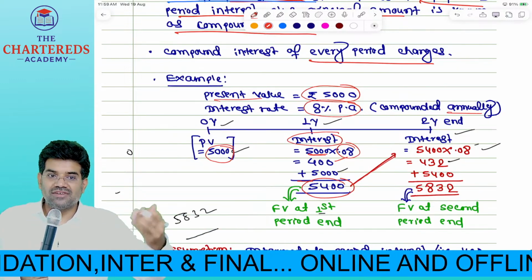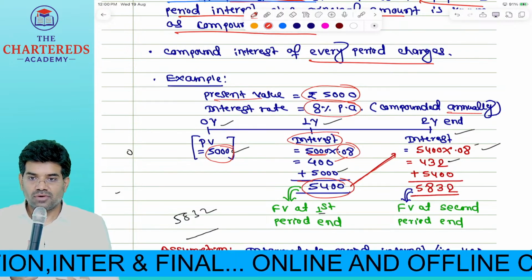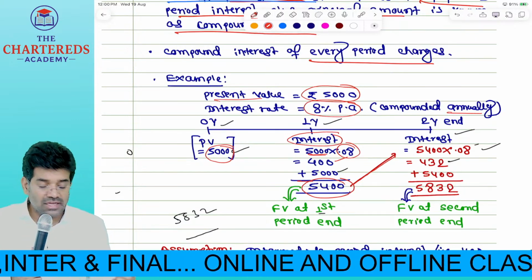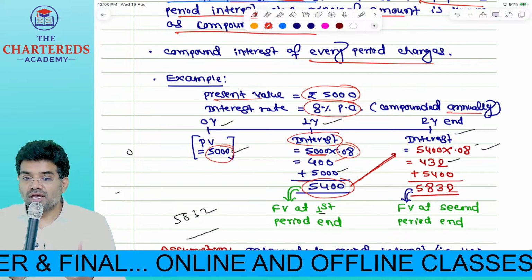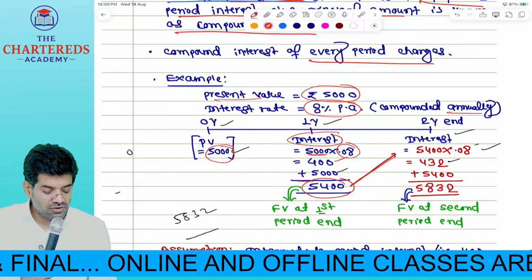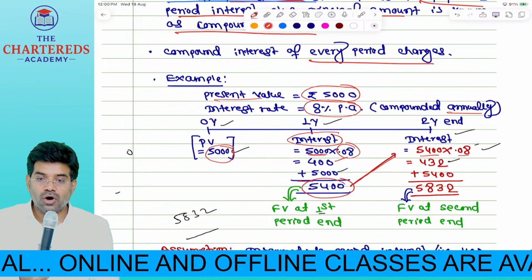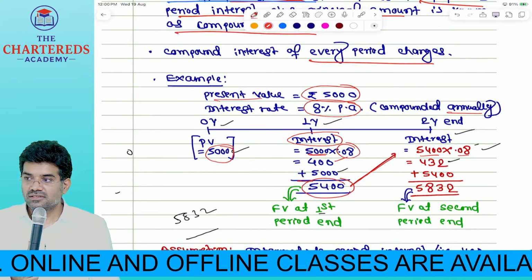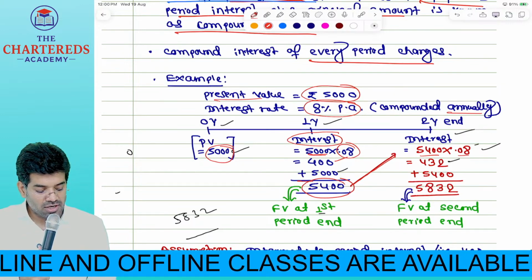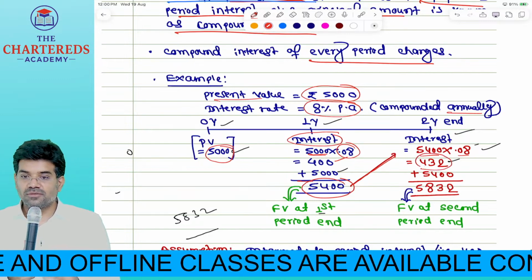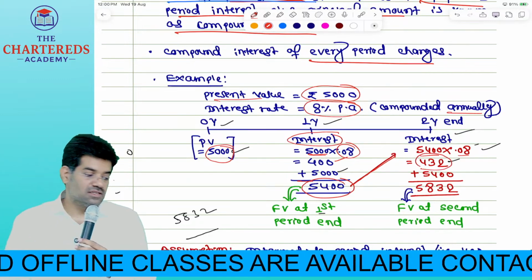Now this 5,400 you will reinvest. Second year, what is your investment now? 5,400. Now you will calculate interest on 5,400. So 5,400 into 0.08, 8% is nothing but 0.08. You are getting 432. That is the interest for the second year.